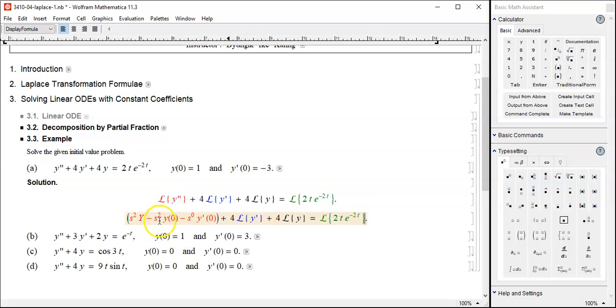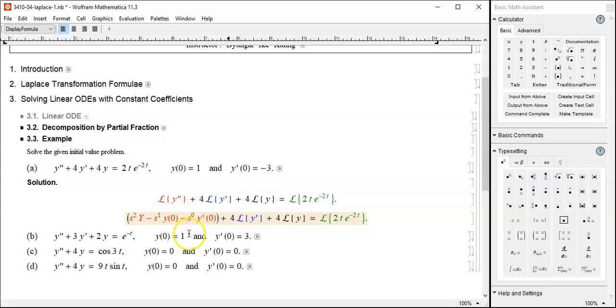Now it is okay to have s squared, s, and nothing there, but my preference is to write all the powers, including the 0 powers, so that I can clearly see the nth power, n minus first power, n minus second power, all the way over to 0 power.